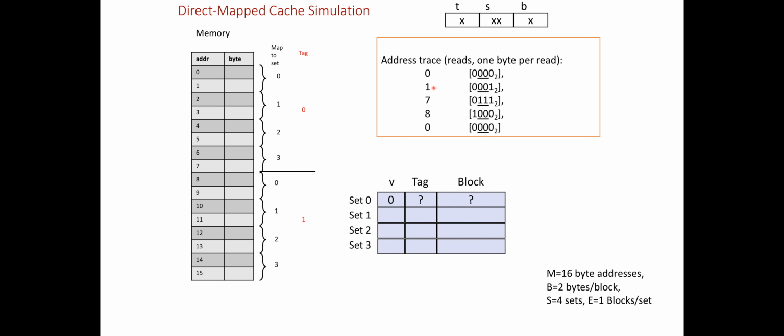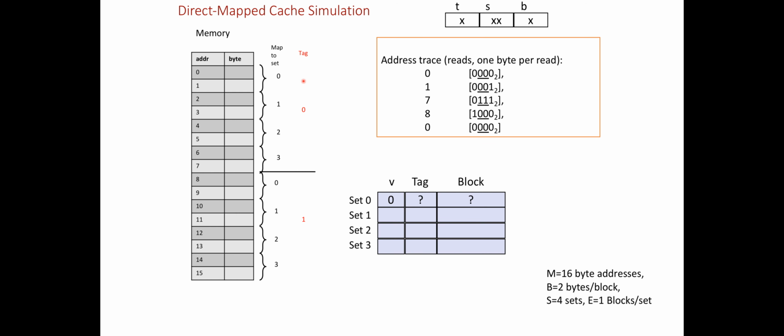So here are the different addresses in memory that are being accessed in the program at any particular time, and we're reading 1 byte at a time in this case. And so to start off with, we want to read byte 0 over here.